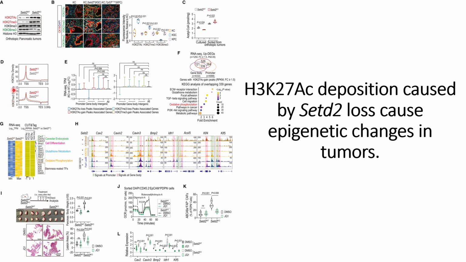So this indicates that there is upregulation of H3K27Ac in the Setd2 knockdown, whereas there is not much change in H3K27Me3.